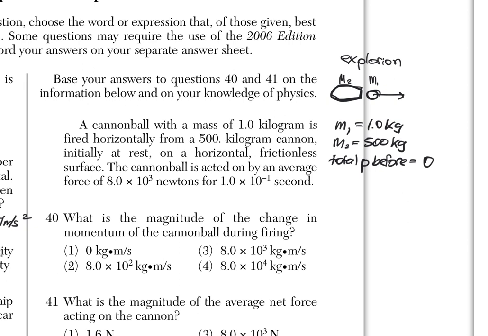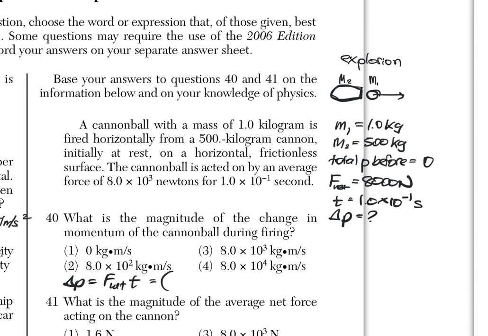So then the cannonball is acted on by a force. So the net force on the cannonball is 8,000 newtons. And the time that it acts for is 1 times 10 to the negative 1 seconds. And it says, what's the change in momentum? So I know that change in momentum is F net T. And I know the net force is 8,000 newtons.